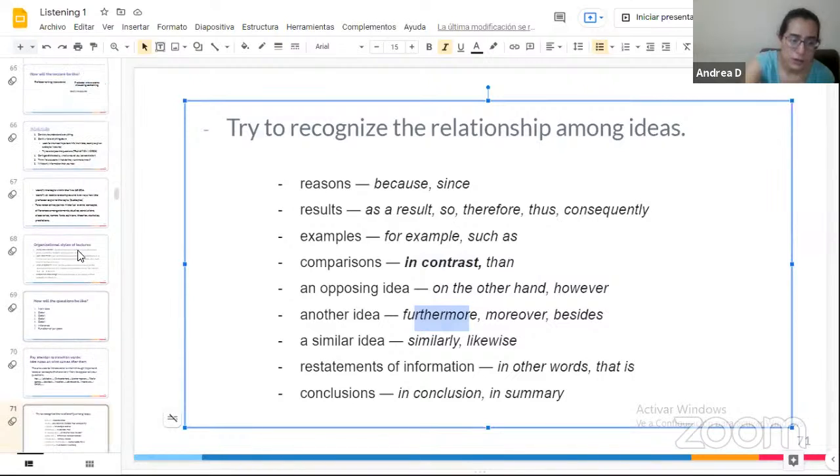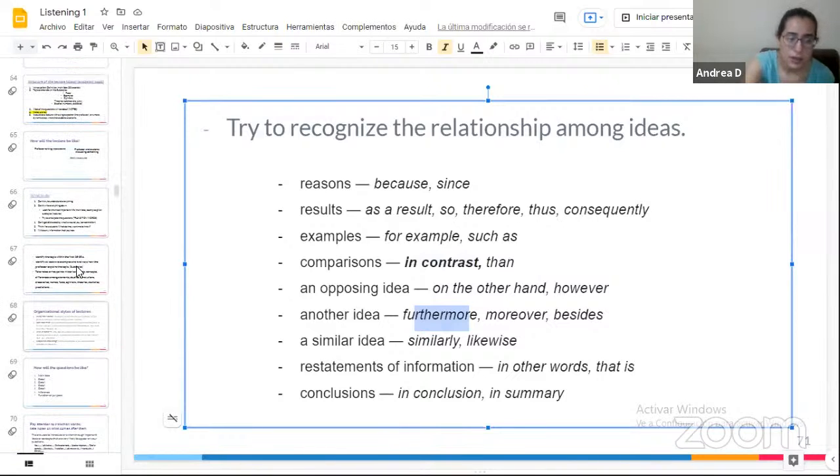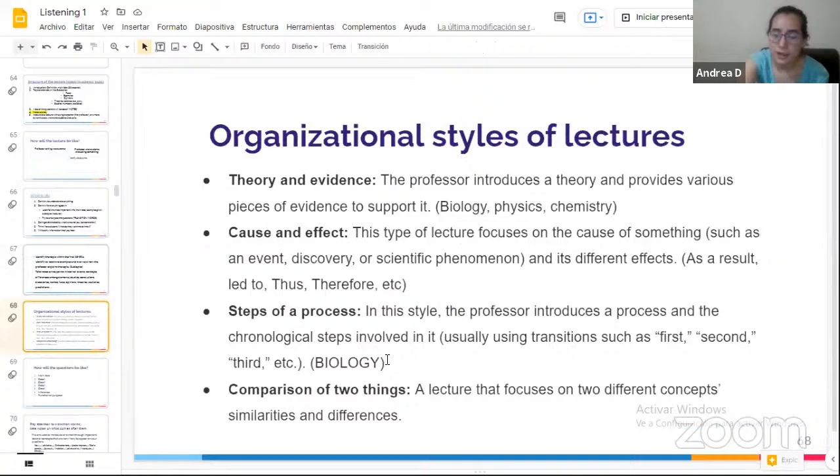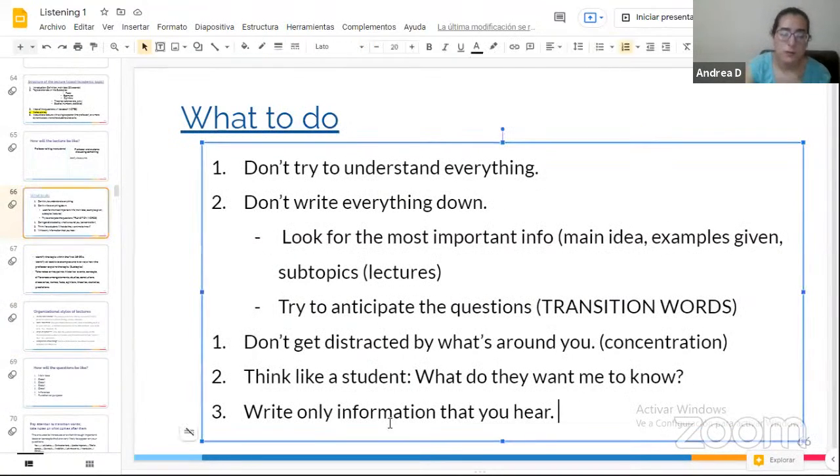And one more thing. This is kind of obvious, but I gotta say it anyway. Make sure that you just forget about everything that's not in the lecture. You know that everything that you need to answer the questions will be in the lecture. So sometimes you know about the topic, maybe it's about solar power, and maybe that's your area of expertise.